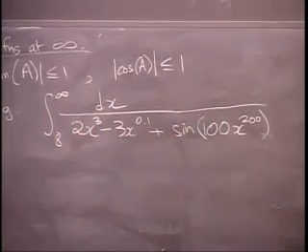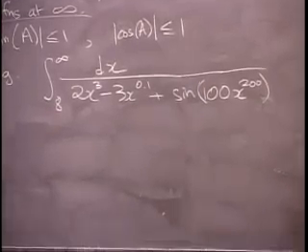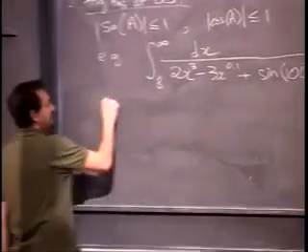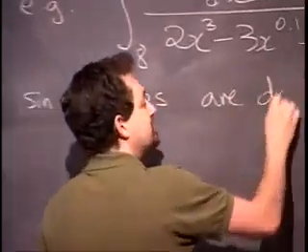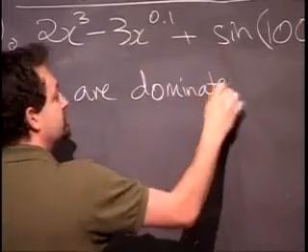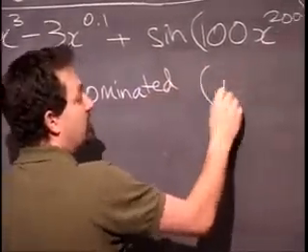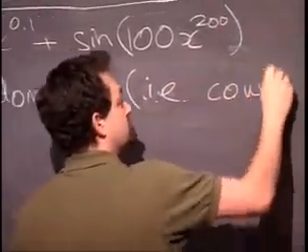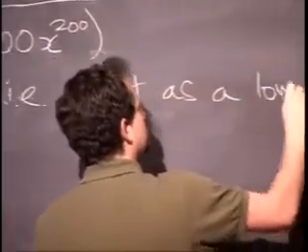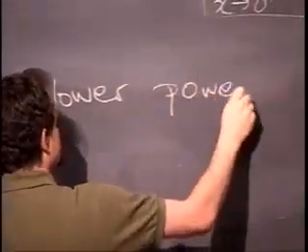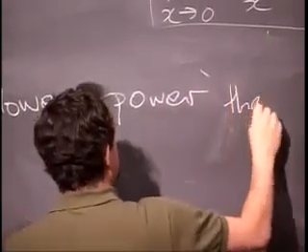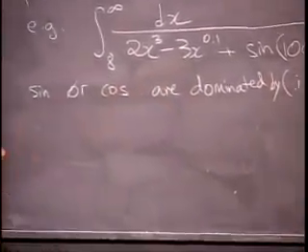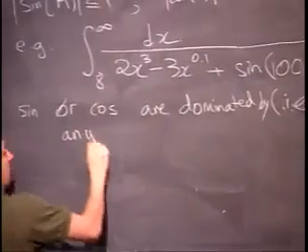So in fact, the modification to what we had before is that sine or cosine are dominated, i.e. count as a lower power than any positive power of x.